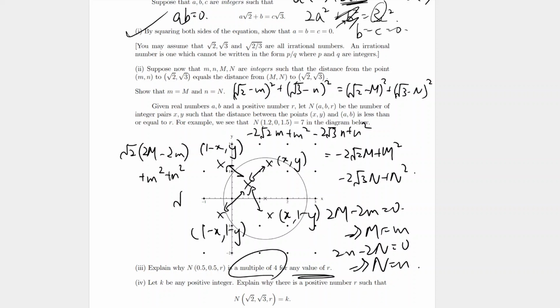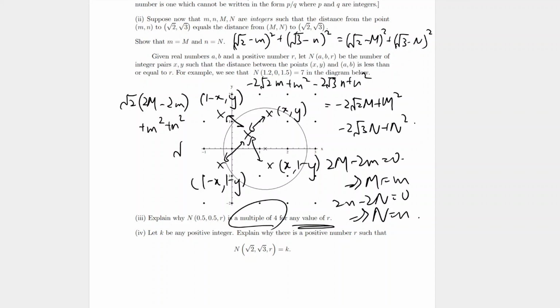Okay, let k be any positive integer. Explain why there's a positive number r such that n of (root 2, root 3), r equals k. Well, look at how we could use the previous parts to answer this question, particularly part 2. Let's say I have 2 points, small n and a big N, such that they're equidistant from (root 2, root 3).